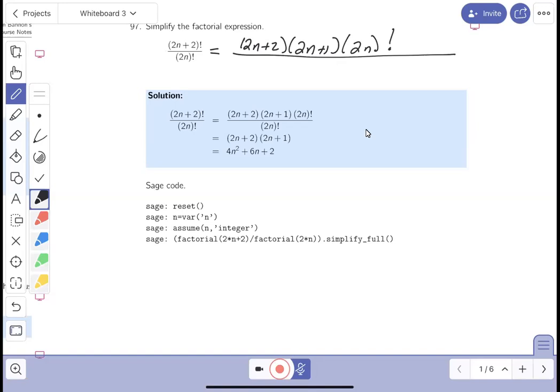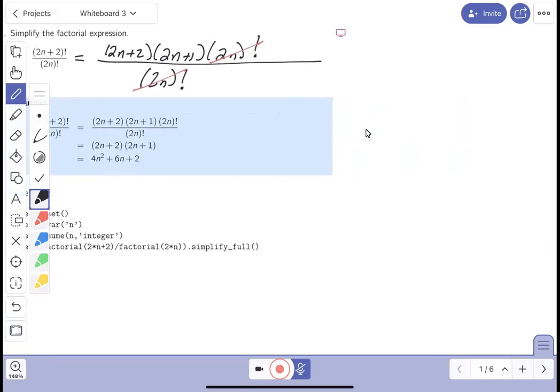Someone says, why'd you stop there? Why'd you keep going? You could, but what do I see in the bottom? I see 2n factorial. What cancels off over here? These cancel off. And what are you left with? Something fairly simple. You're left with 2n plus 2 times 2n plus 1.